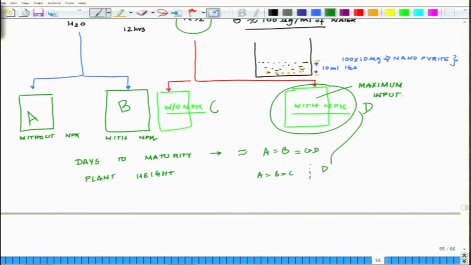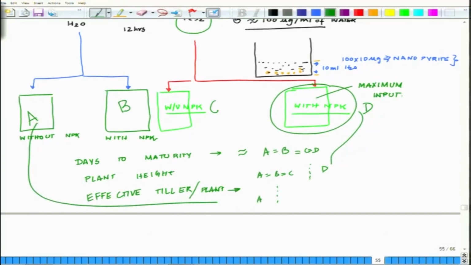Now, if you see the effective tiller per plant, there is a significant increase as compared to A, which is without NPK and just water treatment. B, C and D are higher, more or less the same.